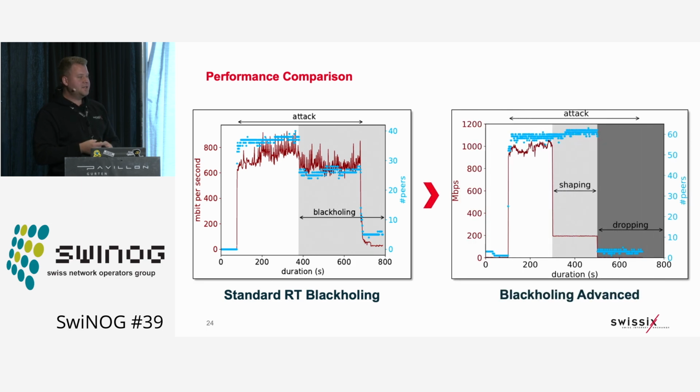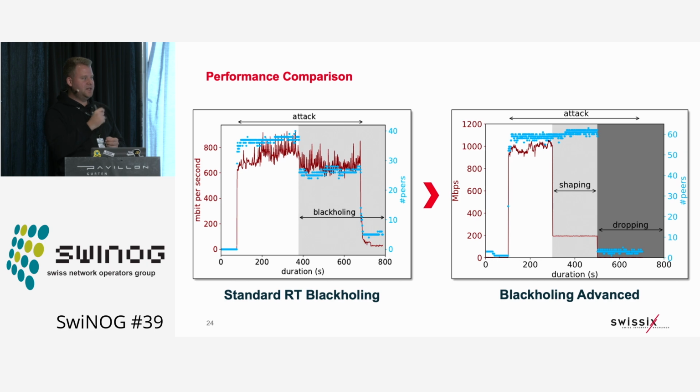And if we compare that to this advanced version, where we program the quality of service filtering rules into the IX fabric, this is what we see here on the right side. The same test, just using the other mechanism. We can see here that first we use the BGP community to actually shape the traffic. So we picked an NTP reflection attack for our test.